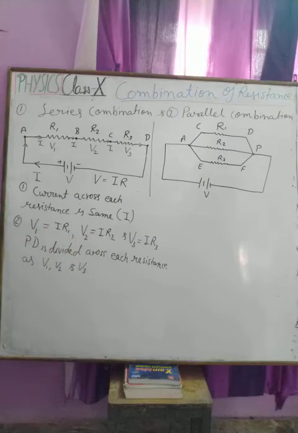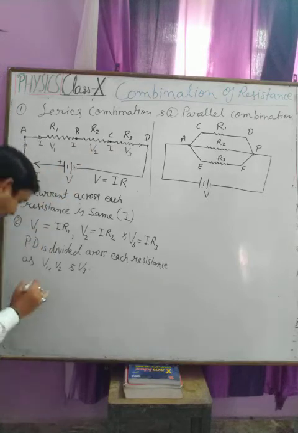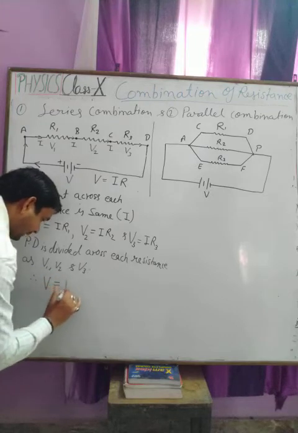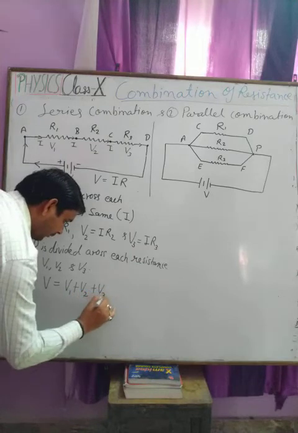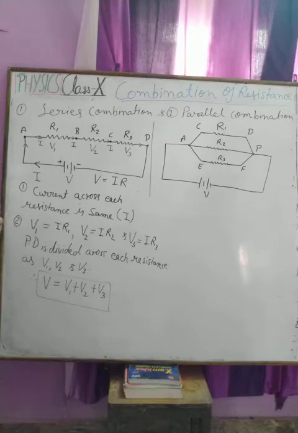Okay. Now what is the value of the total voltage? The answer is V is V1 plus V2 plus V3.